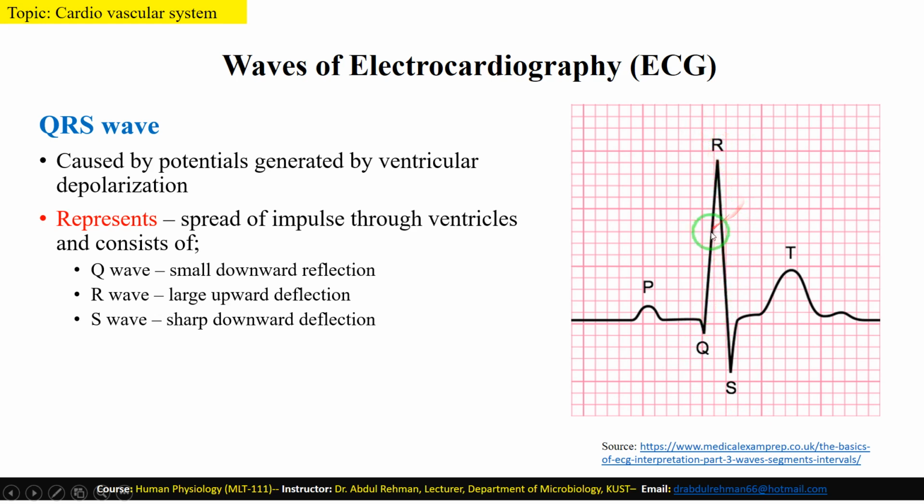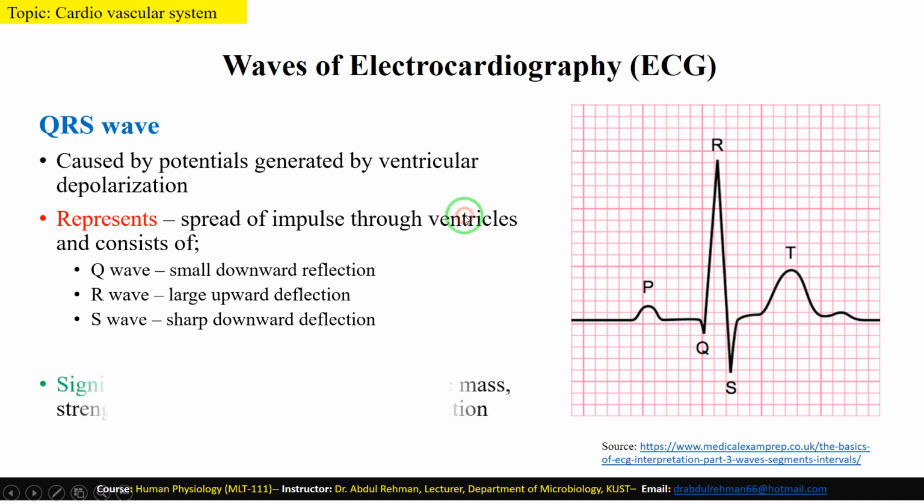It means that in this case the ventricles are at their peak level of contraction, and the S wave, that is the sharp downward deflection, indicates that the ventricles move towards the resting stage.